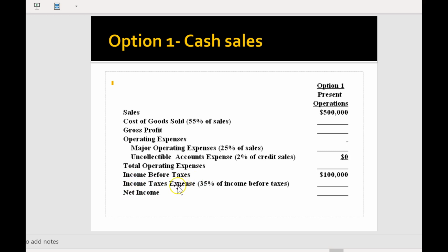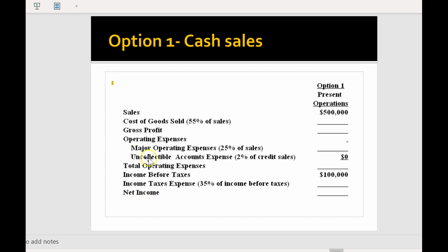And the tax expense is 35% of income before tax. Okay, tax expense is always calculated using income before tax, not using all other things. Say you are not calculating tax using operating expense or gross profit. So income before tax multiplied by 35%, that would be the income tax. And then income before tax minus income tax gives us the net income.